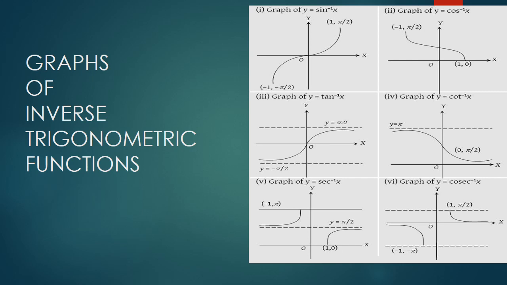Similarly, the graph of cos inverse x also lies between -1 to +1 on the x-axis. The graph of tan inverse x goes up to infinity. This will be parallel to the two lines y is equal to pi by 2 and minus pi by 2, meeting these lines at infinity.